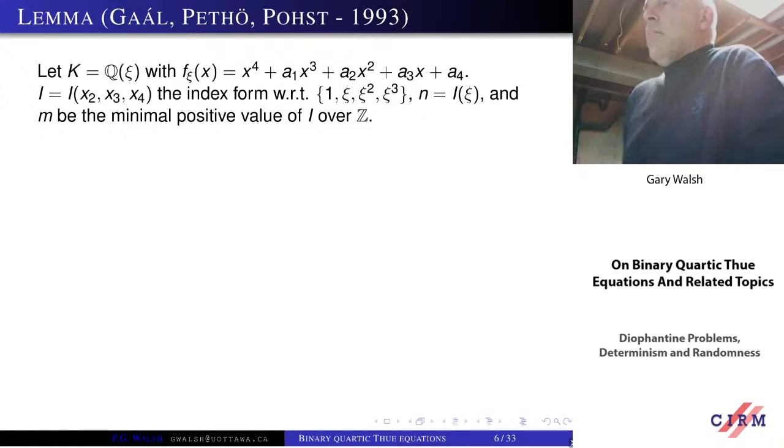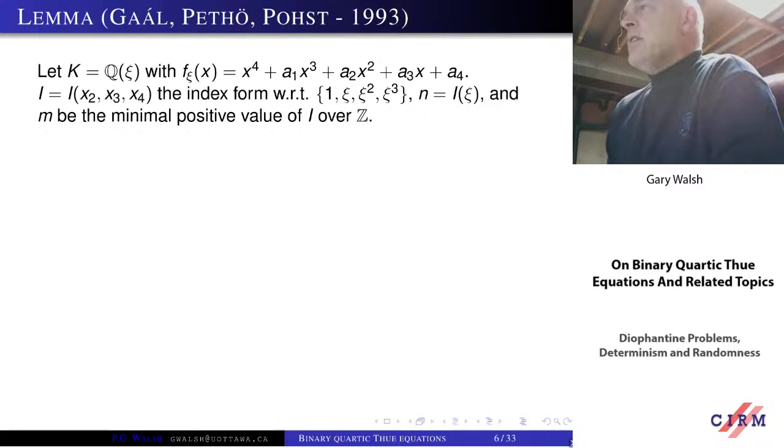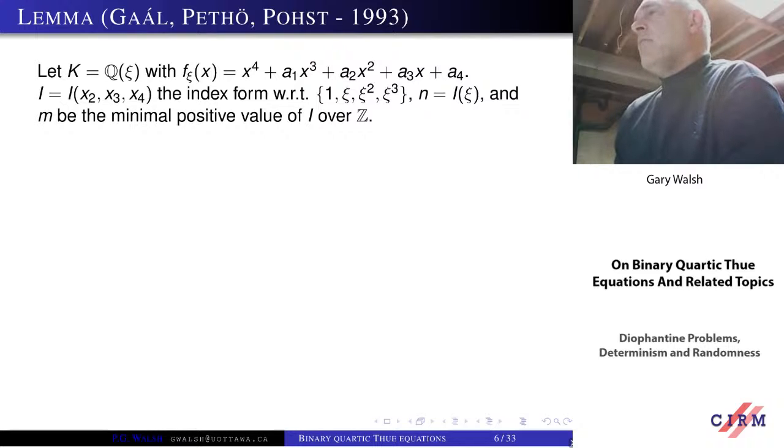So let me start by giving the setup of this lemma. There's a lot on this slide, so I want to just present it a little bit at a time. So here we have a quartic number field, Q adjoin psi, and the polynomial is some generic quartic polynomial. And I is the index that we defined earlier with respect to this basis 1, psi, psi squared, and psi cubed.